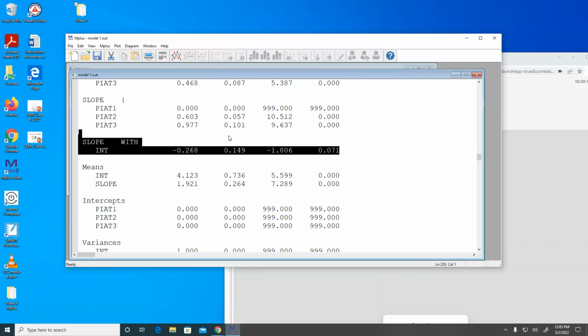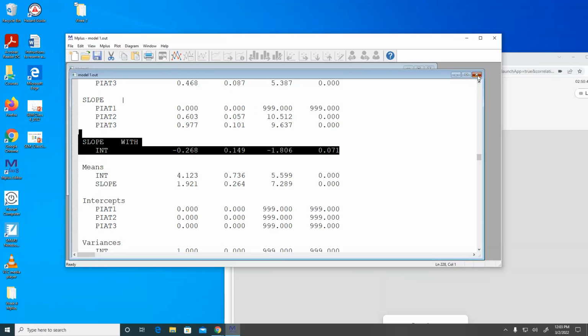I've run models where the correlation between the slope and the intercept is like 0.95, and it's not statistically significantly different from zero. If you only looked at the number, you'd be like, oh my gosh, that's huge. But then the standard error is so huge that in that case I can't really say much about the covariance between the slope and the intercept, because I just don't have the precision.